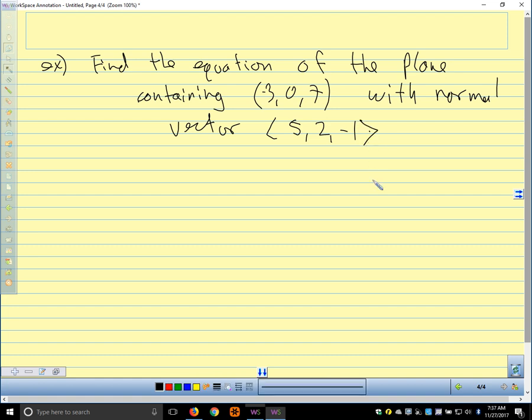So what would be our equation? We have 5. These are going to be our coefficients. 5 times x minus x1, that's x plus 3, plus 2 times y minus 0, I'm just going to write it out explicitly, minus 1, to be explicit, times z minus 7. And that equals 0. To write the equation, you need an equal sign, so equals 0.